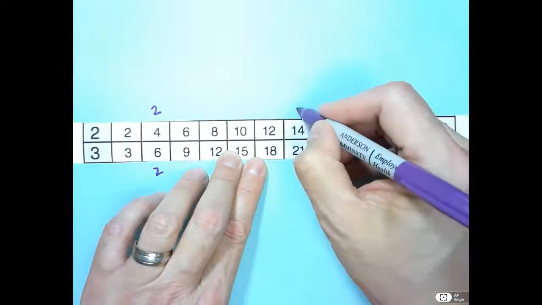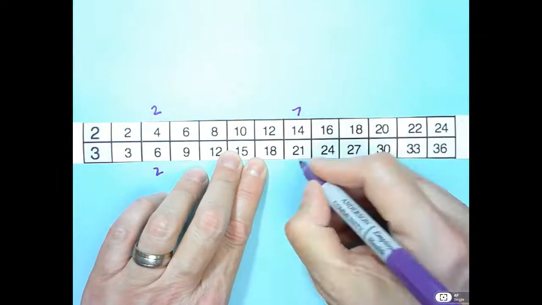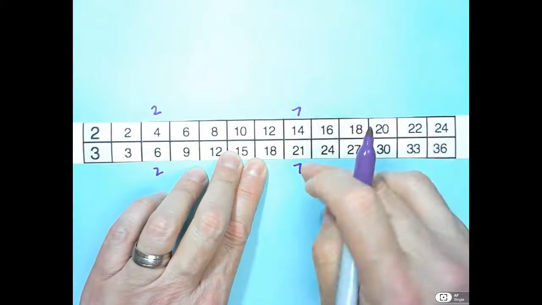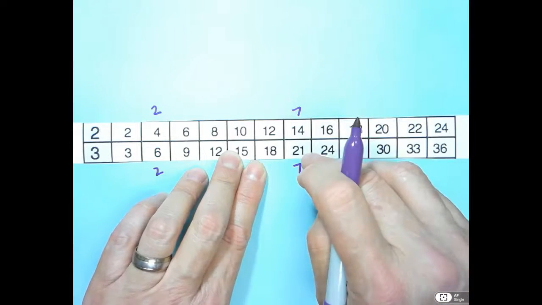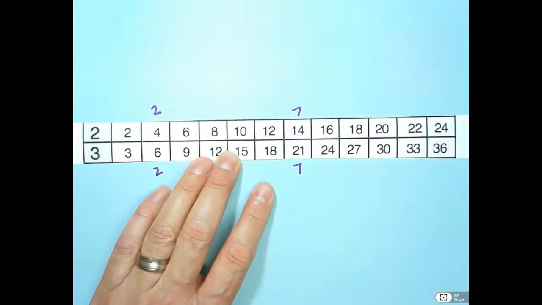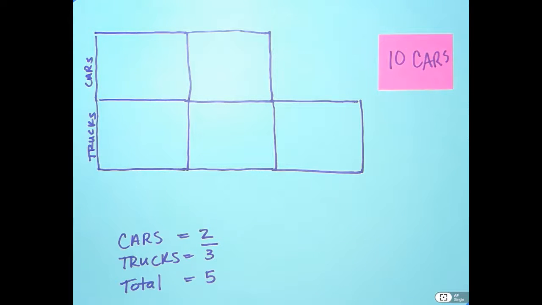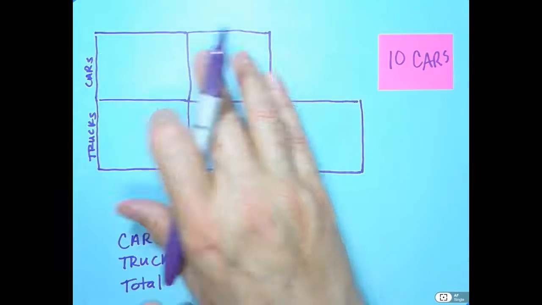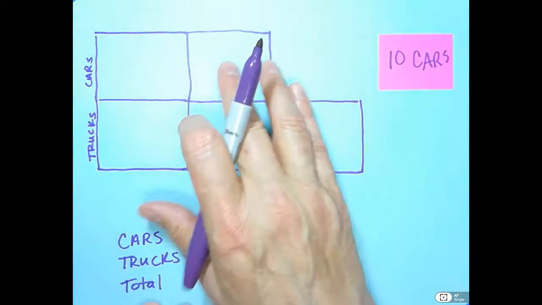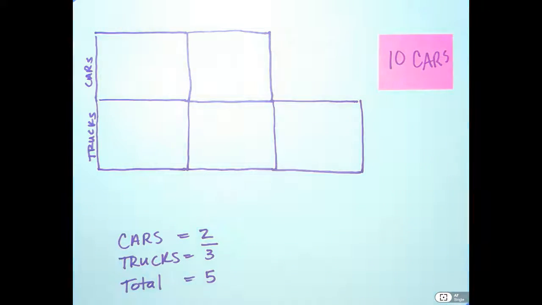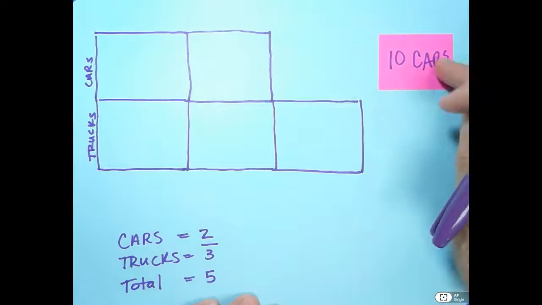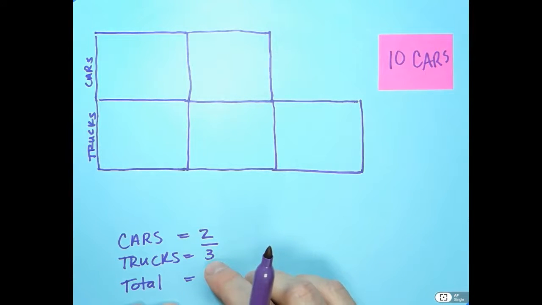Here we have 7 groups of 2 and 7 groups of 3, giving us a ratio of 14 to 21, which is the same as 2 to 3. So in the bar model, every one of these boxes represents an equal amount because it represents the multiplier.